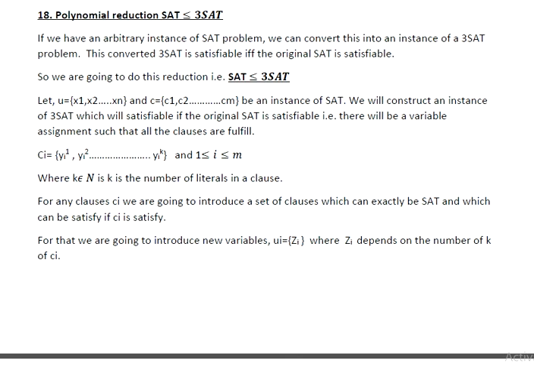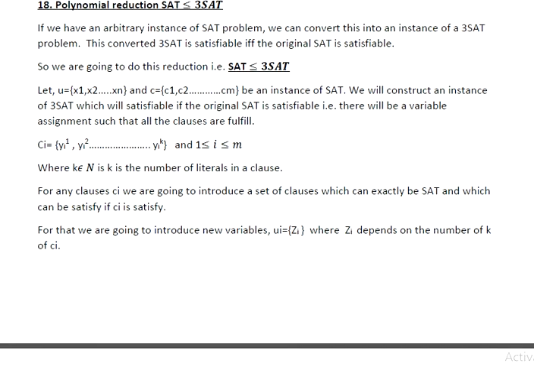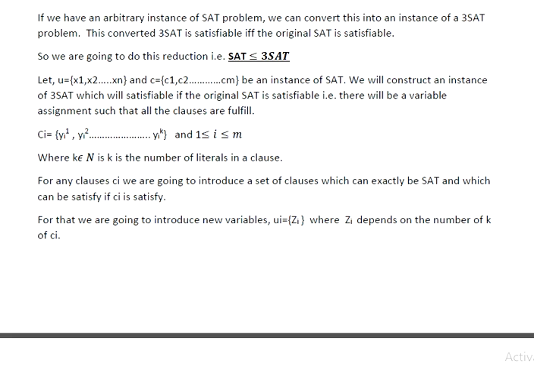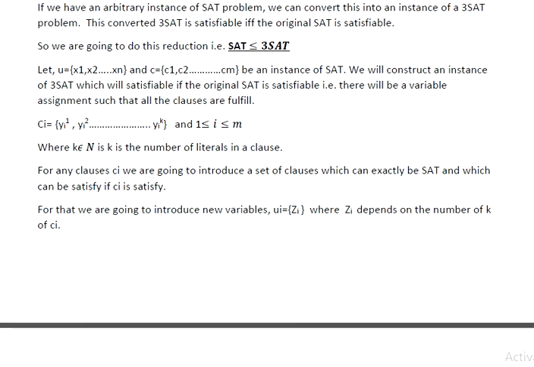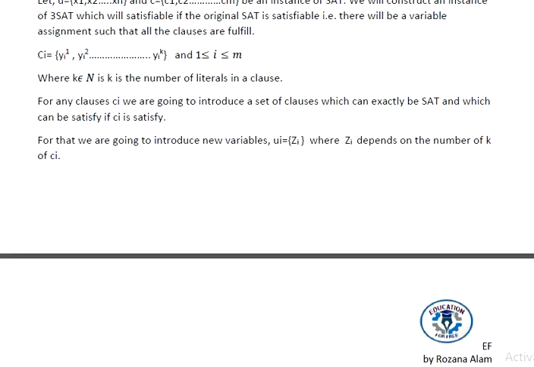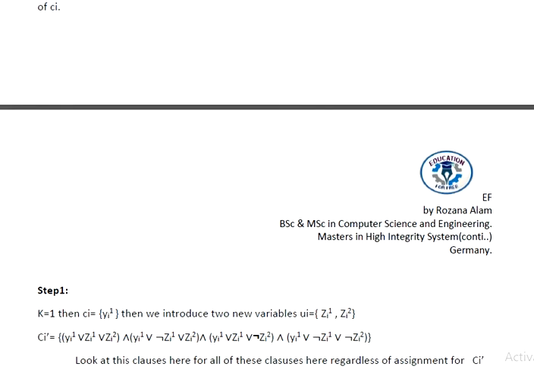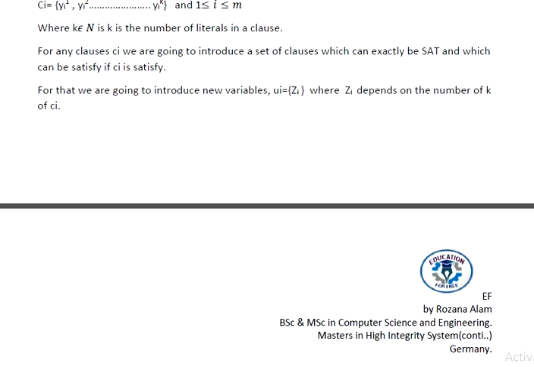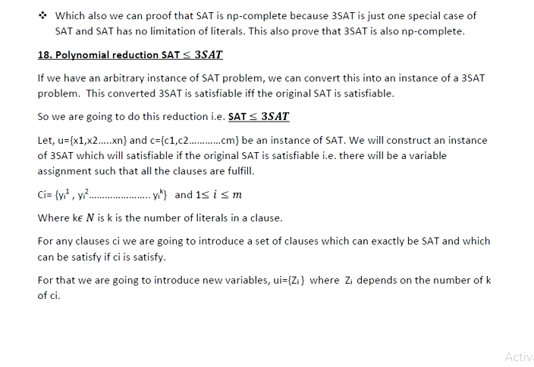So for that, we will introduce new boolean variables zij, where j depends on the number of literals of ci. So this is the first step where we are assuming how we will construct the 3-SAT from SAT.